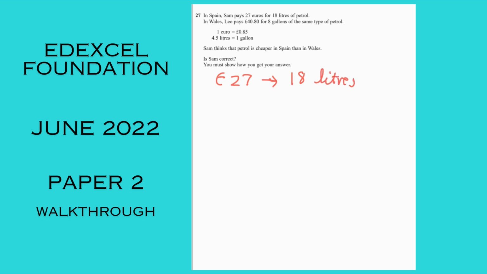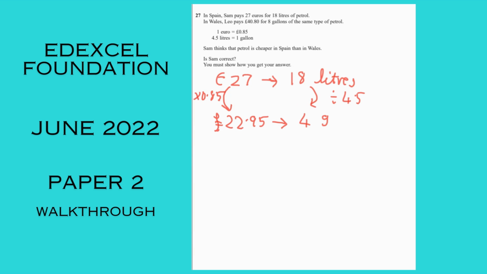So in one step, let's change the euros to pounds by multiplying by 0.85. Let's change the litres into gallons by dividing by 4.5.